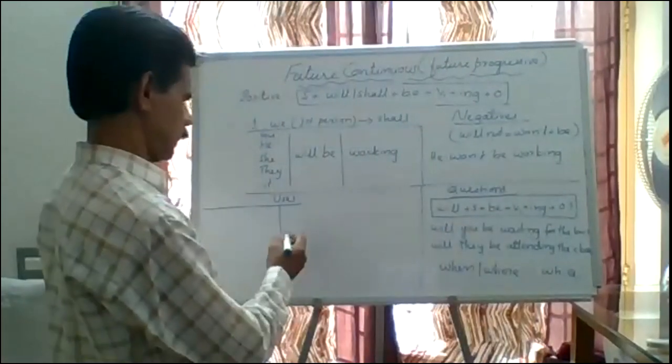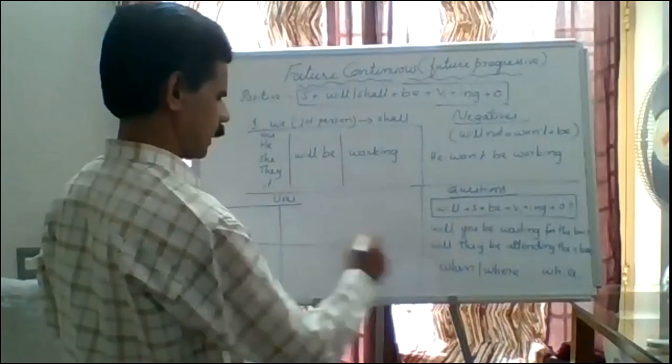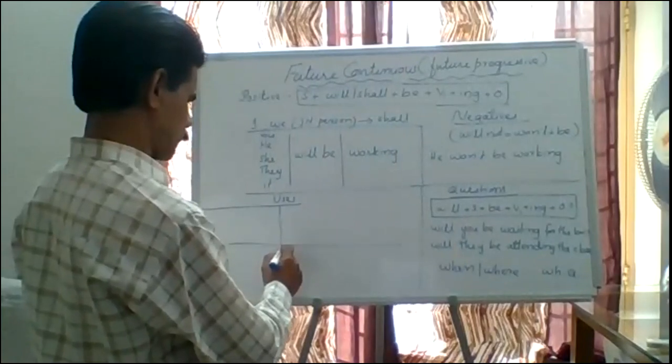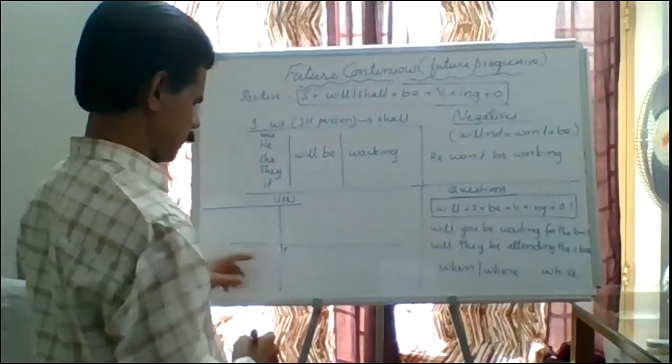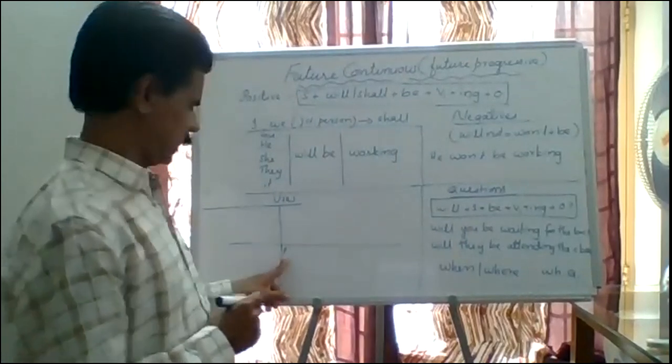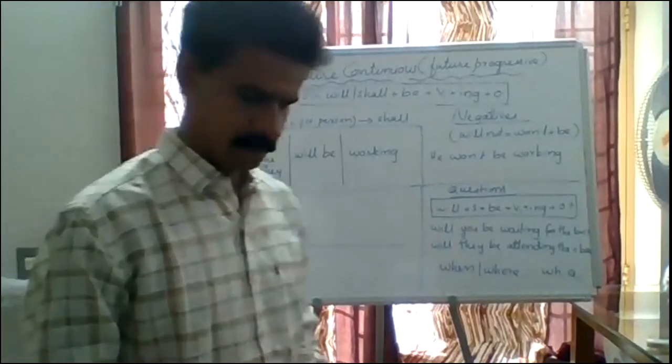Just as an example, I draw a line here. I put a P here. This P point is the present, where we stand today.